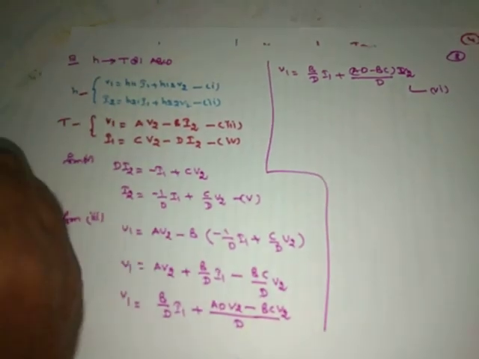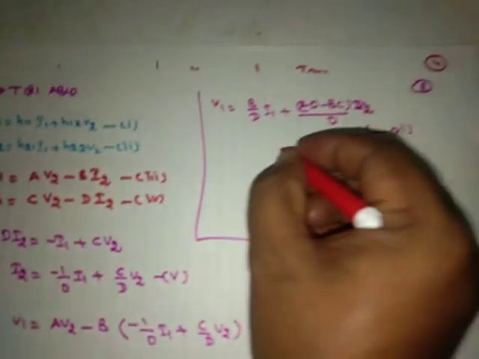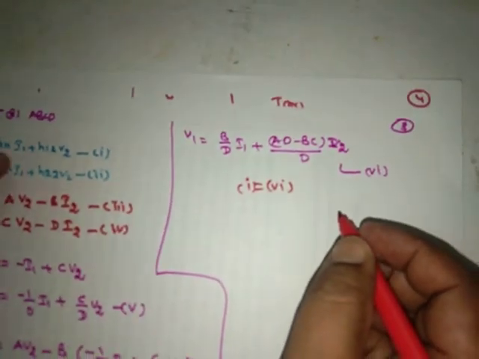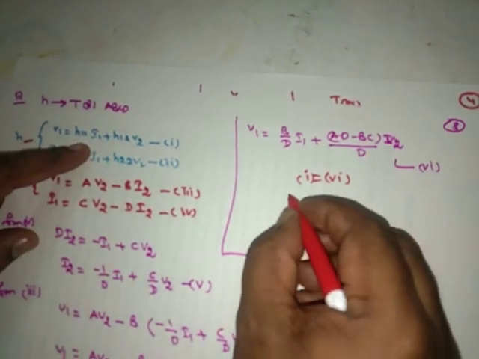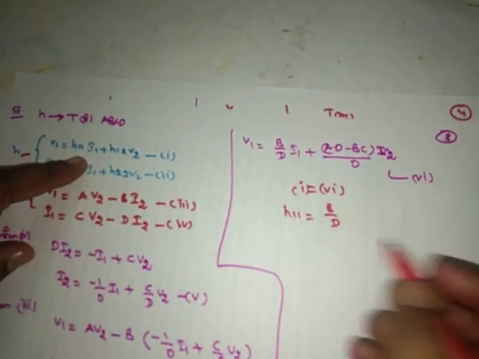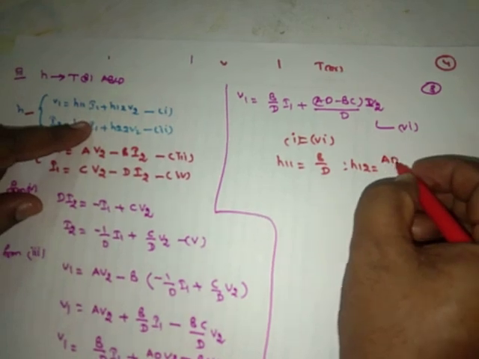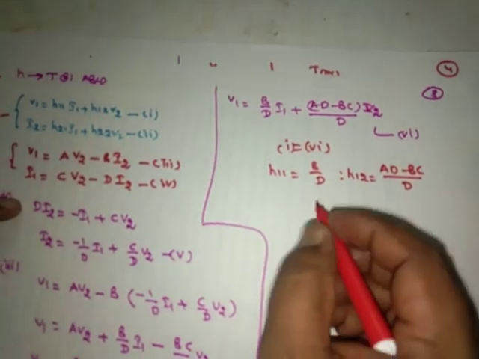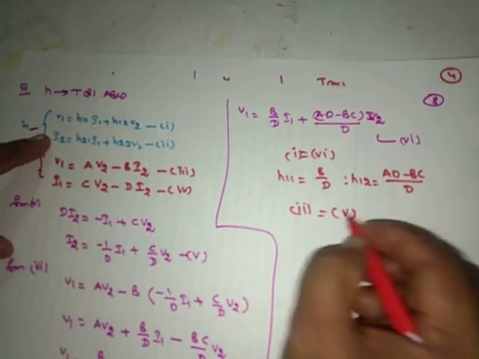Now compare here. Here V1, 1 is equal to 6. So V1 depends upon I1 and V2. Here also V1 depends upon I1 and V2. Now from that H11 is equal to B by D and H12 is equal to AD minus BC by D, and similarly equate second is equal to 5.